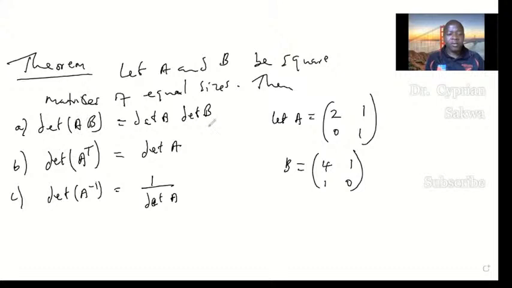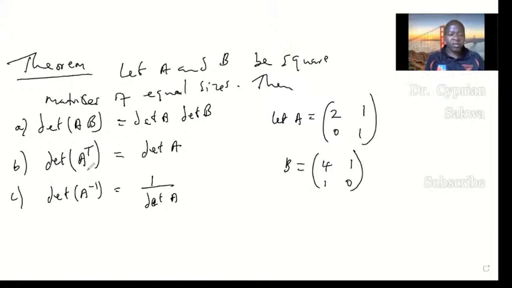So you first multiply A and B, and then get the determinant of the resulting matrix and see whether it's the same as det A times det B, because you can find det A here to be 2 and det B to be negative 1. So A times B will be 2 times negative 1.